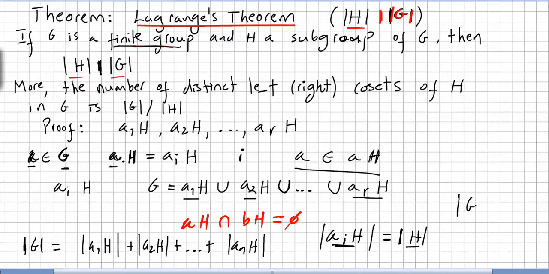So the order of G will be R orders of H, right? It will be 1, 2 till R. Since we will be adding the order of each one, the order of G will be equal to R times the order of H.